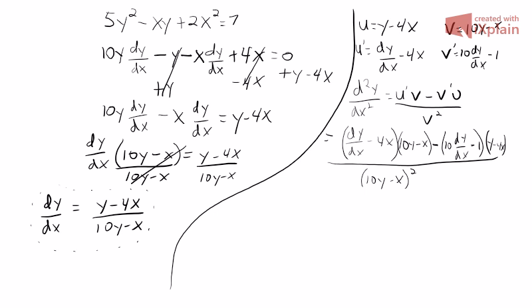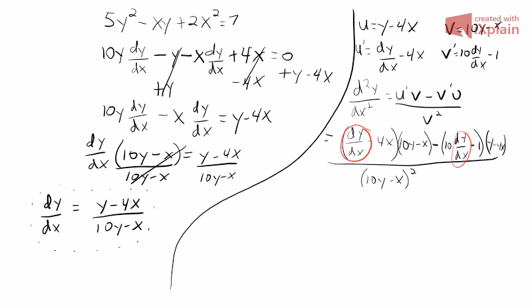Okay, so let's go ahead and try to start cleaning this up a little bit. Okay, so as we said, we know that dy over dx equals y minus 4x over 10y minus x. Let's go ahead and substitute here and here for what we know dy over dx equals.